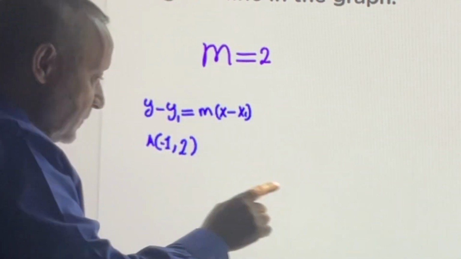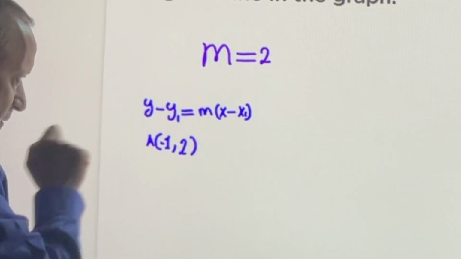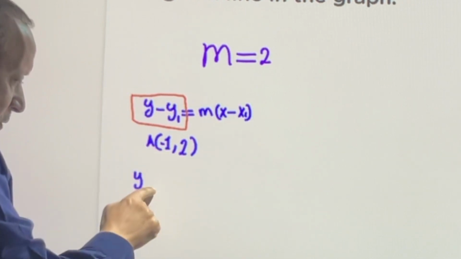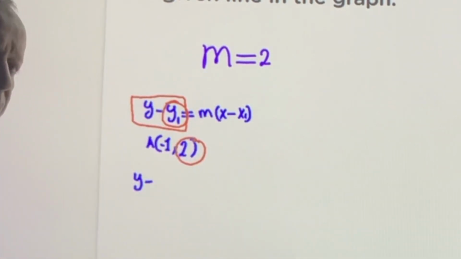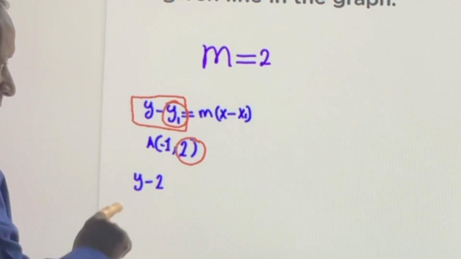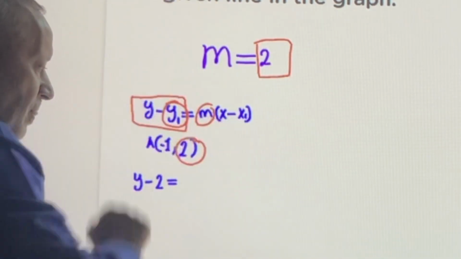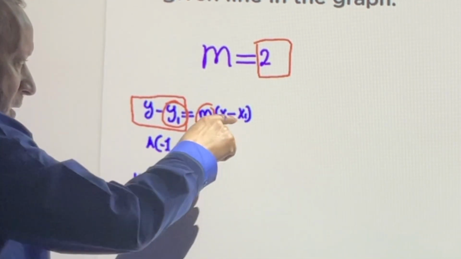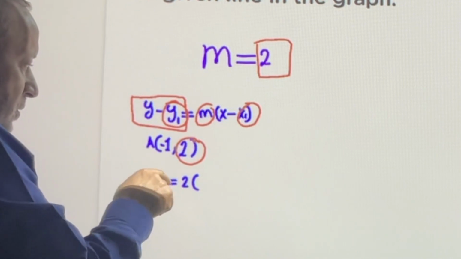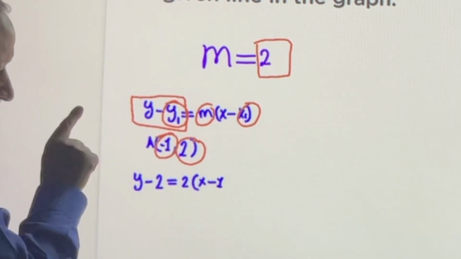So, write down here, y minus, instead of y1, put this 2. Good, equals. Instead of m, put this 2. x minus, instead of x1, put this -1.